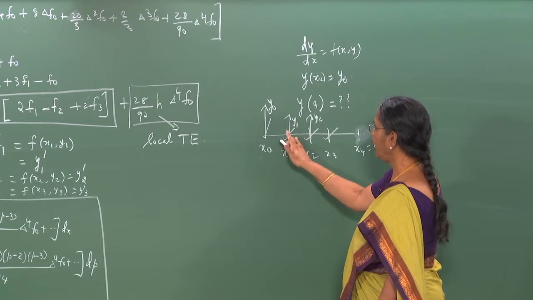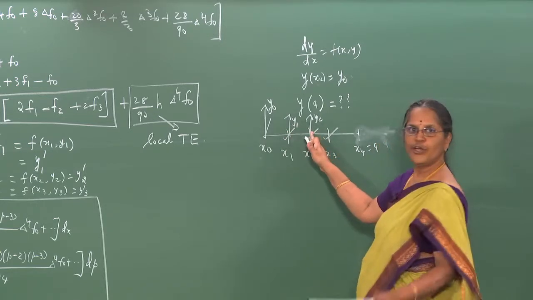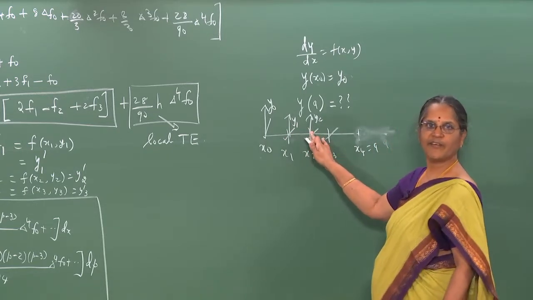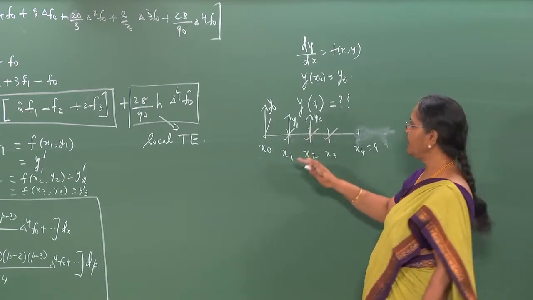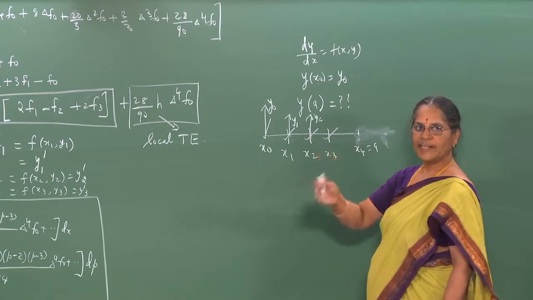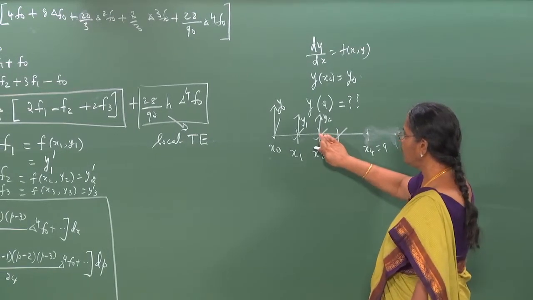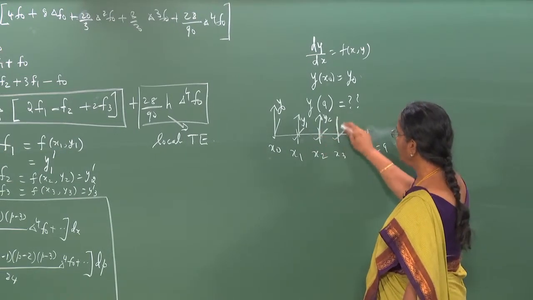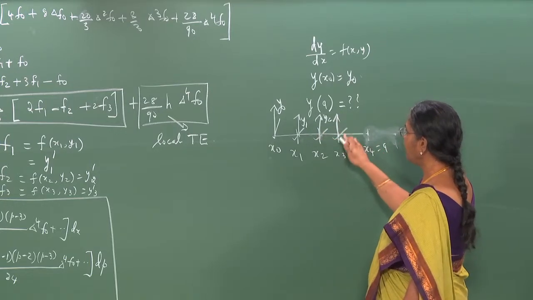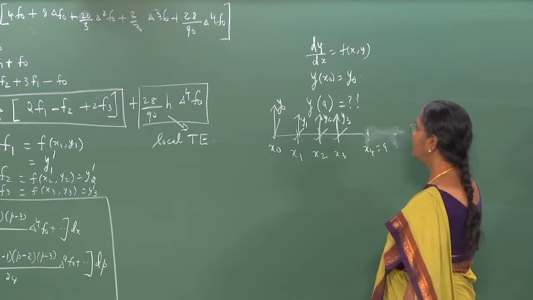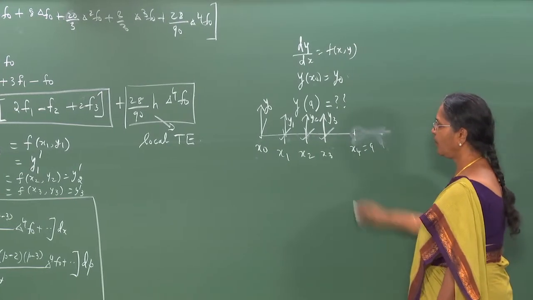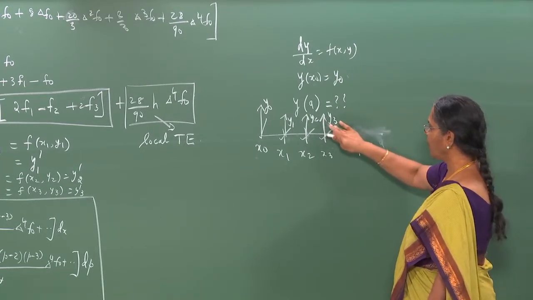You march from x1 to the point x2, use any of those methods that we have discussed, and compute the solution at x2, which is y2, and by the same technique march to x3 and determine the solution at the point x3 and call it y3.